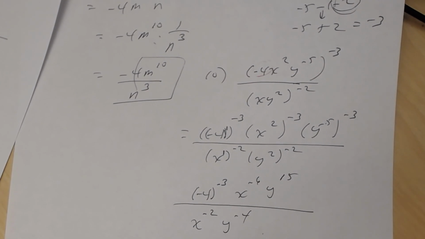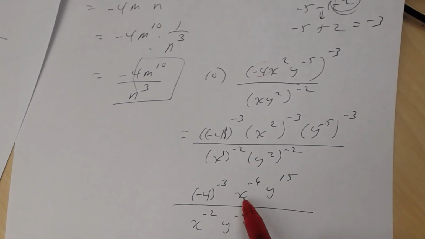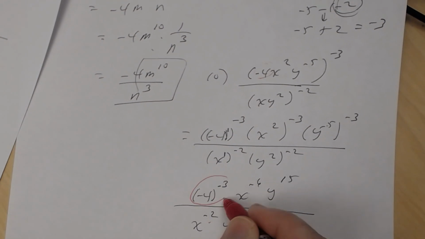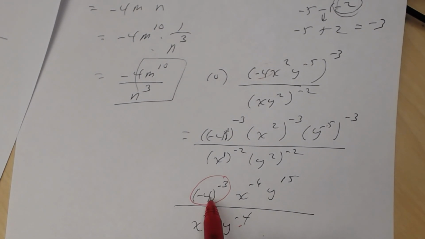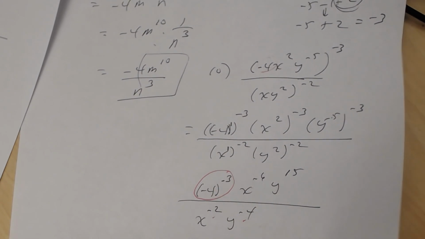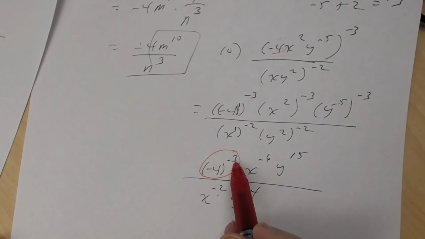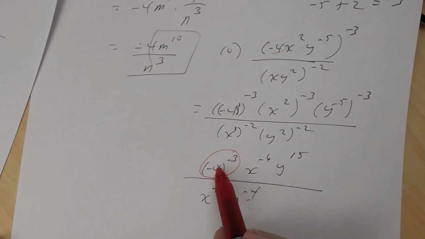Okay, now, here's how you would deal with this. See, here you're dividing like bases, so you use a quotient rule here and use a quotient rule here. Now, notice that negative 4 is being raised to a negative power, and it's located in the numerator. So remember, we talked about something like this before. If the exponent is negative in the numerator, you're going to bring it to the denominator.